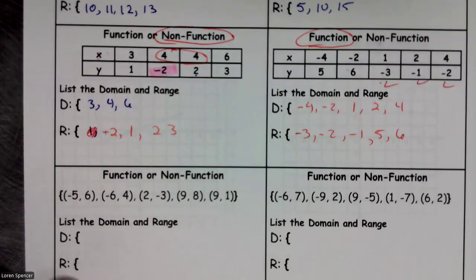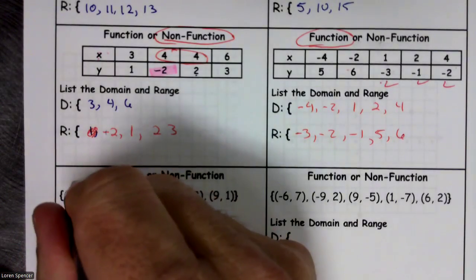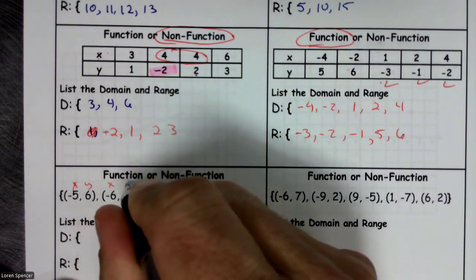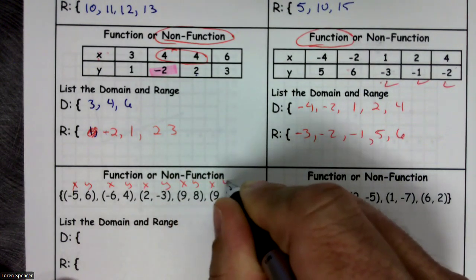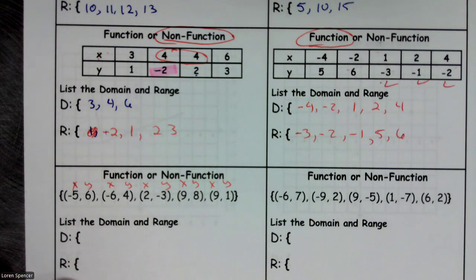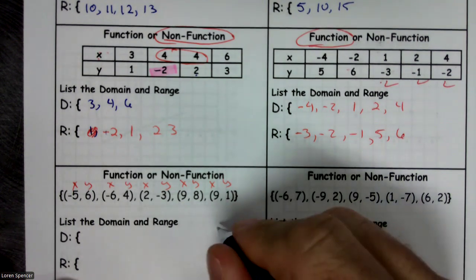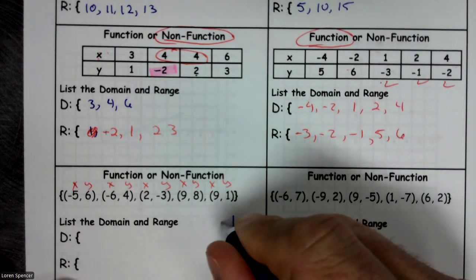All right. Sometimes it really helps to label these as X and Y, X and Y, X and Y, X and Y, and X and Y. So it wants to know if it's a function or non-function. Let's take a moment and draw a t-chart. We've now labeled our X's and Y's.